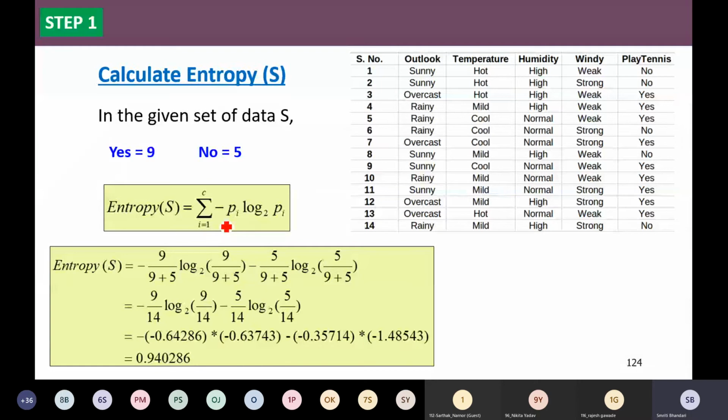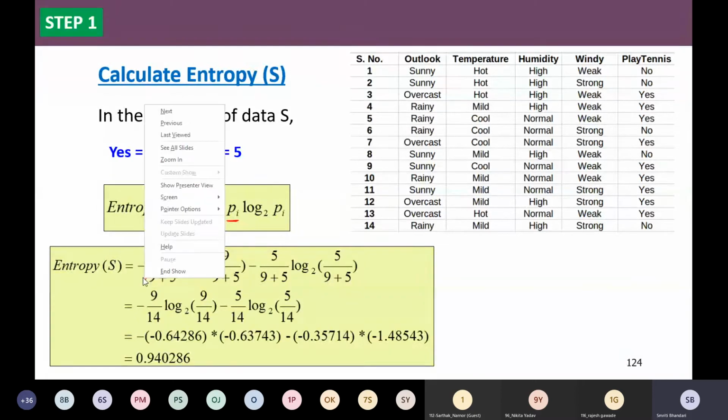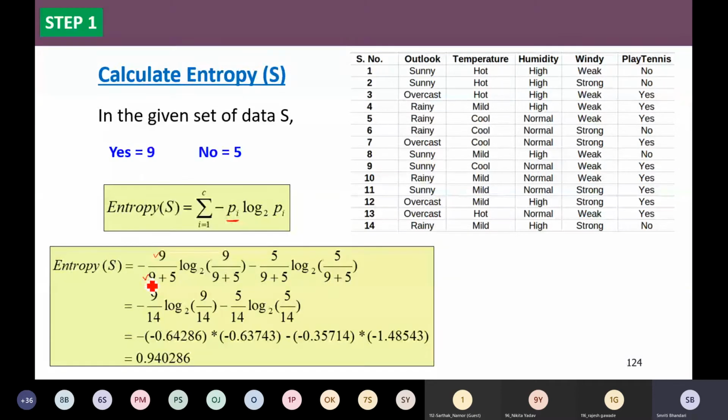Okay, now we are computing this pi. What is this pi? This is the proportion, this is the probability. So how many samples do we have for class 1 or class yes? 9 samples, right? 9 divided by the total number of samples, 9 plus 5, that is 14 samples. So what we have here is minus 9 divided by 9 plus 5.